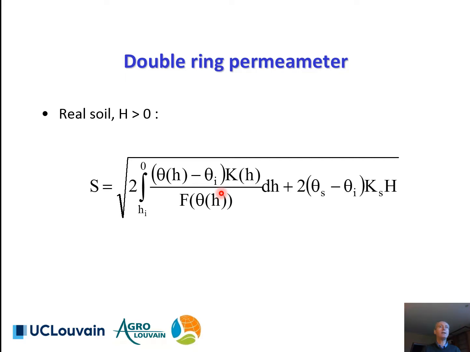The formula here is still a bit complicated for practical application, as it implies knowledge of the shape function f, and it implies the calculation of an integral of a strongly nonlinear function based on the hydraulic conductivity or the diffusivity curve. We are therefore going to simplify this equation a bit.